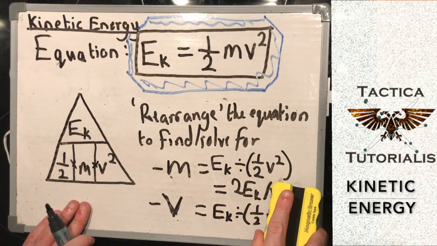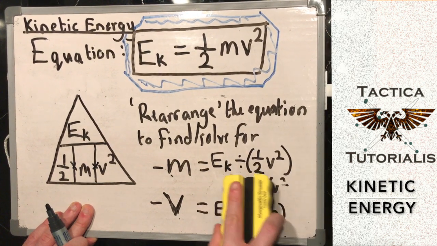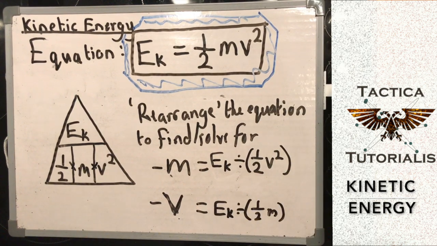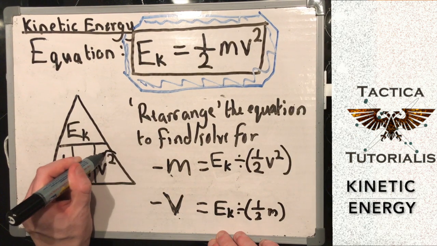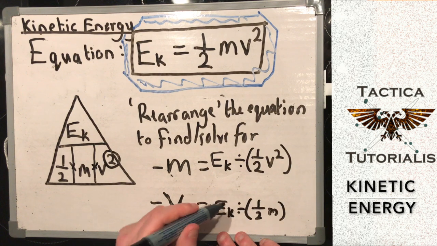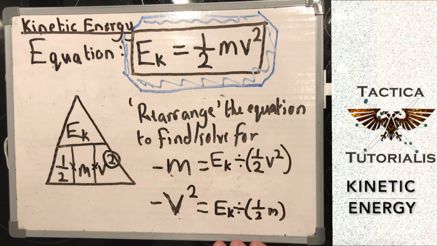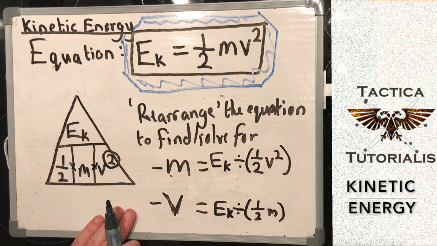Well, nearly. I'm going to rub this one out just to save myself a little bit of space. Because remember, if I cover up the triangle, I'm solving there for v squared. So this, EK divided by a half m, is equal to v squared. If I want to solve for just v, all on its own, I have to get rid of that squared.